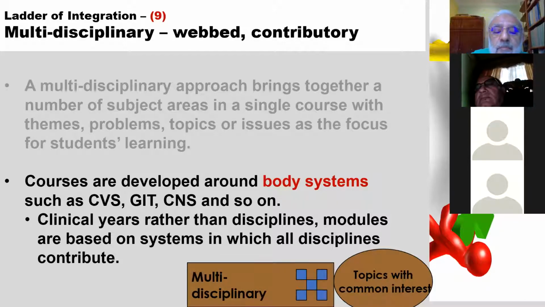But this is a good thinking point, that if we have the modules which we have in preclinical years, can we apply the same modules in clinical years and bring different disciplines or specialties to contribute towards that discipline.